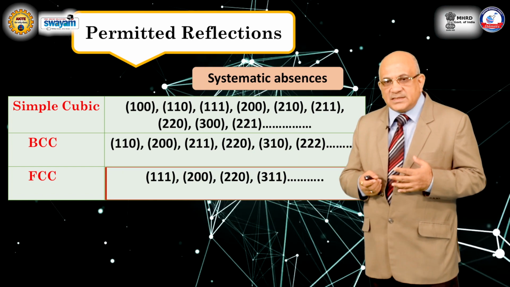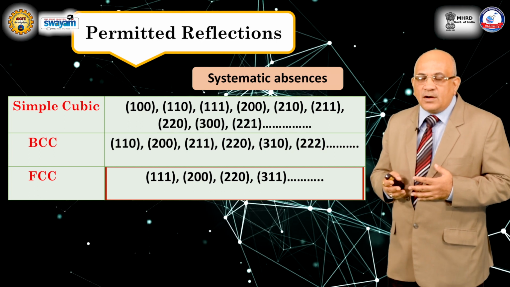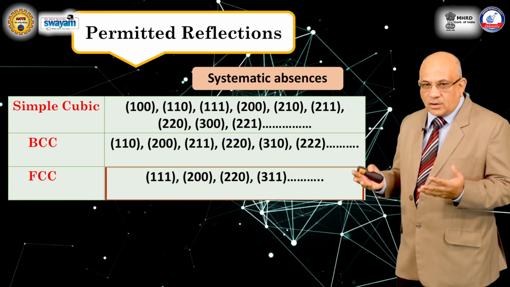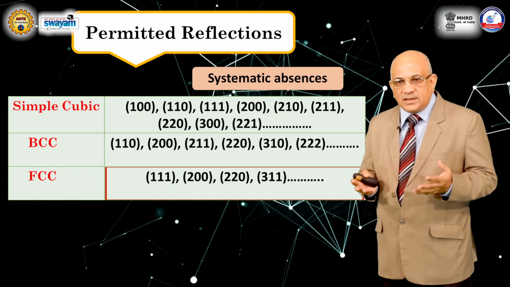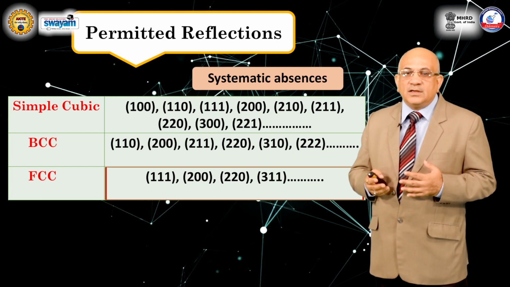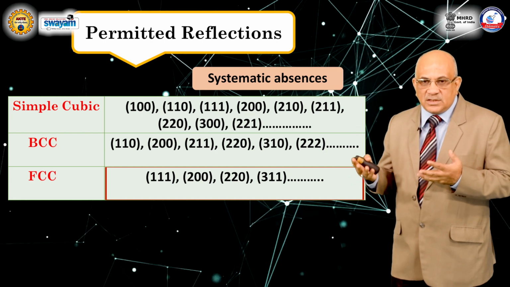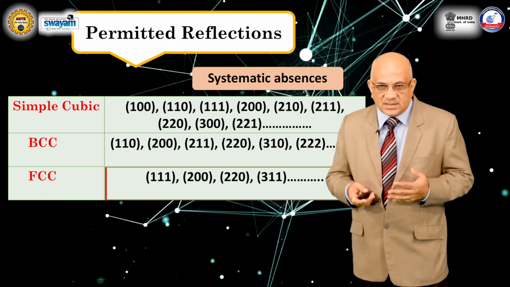Similarly, for FCC system, all the HKL should be all odd or all even. So 111, all are odd, so it is allowed. 200, all are even, is allowed, but 110 is not there because 1 and 1 are odd, whereas 0 is considered even, and so you cannot have odd and even in an FCC structure.